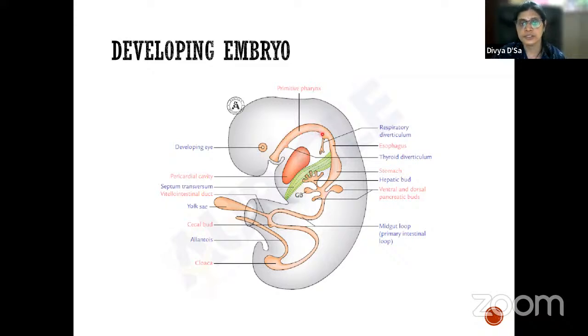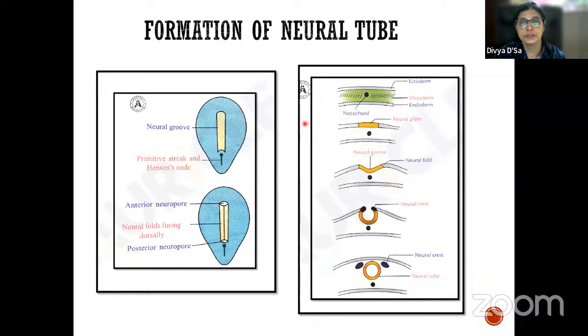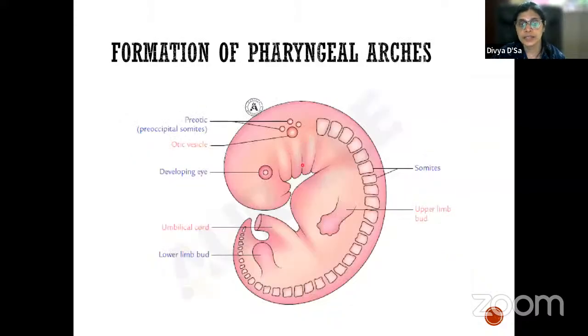So this is the laryngeal diverticulum. This we call the pre-laryngeal part. This is the post-laryngeal. Now, for us, the concern is the pre-laryngeal part. So here in that region, what happens?